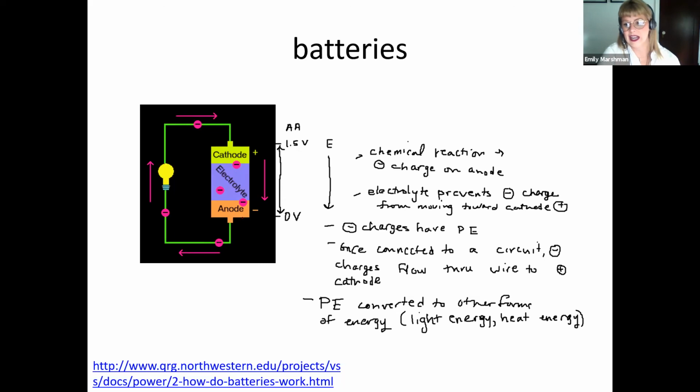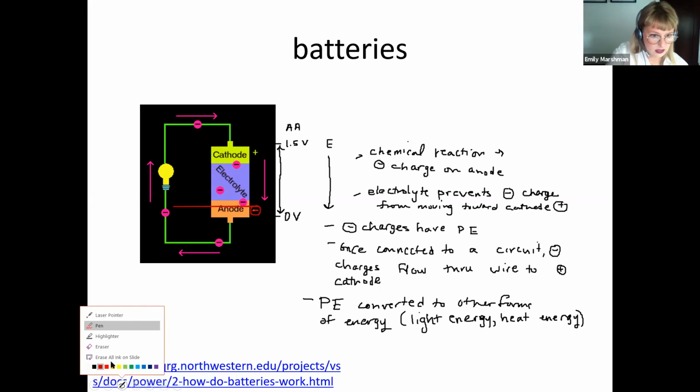What does a battery actually do? There's a chemical reaction that happens inside the battery due to this electrolyte. You've heard of battery acid and things like that. There's a chemical reaction that's actually happening inside the battery that causes negative charge to build up on the anode, right here.